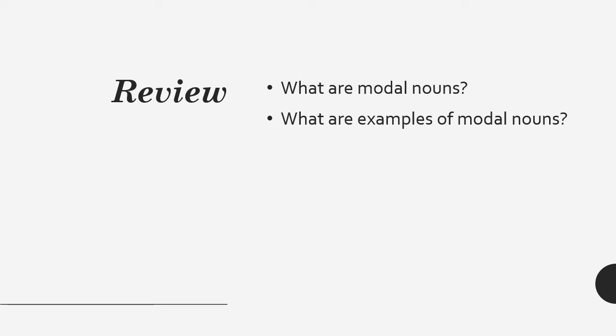Okay, so we gave several examples of modal nouns last time, but for the sake of review, we had given the following: possibility, obligation, necessity, ability, permission, request, promise, chance, requirement, responsibility, and capacity.